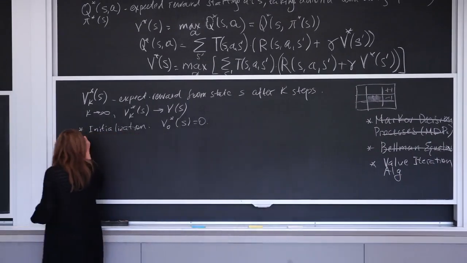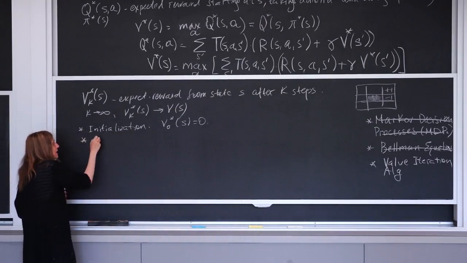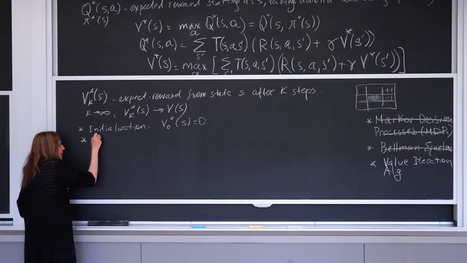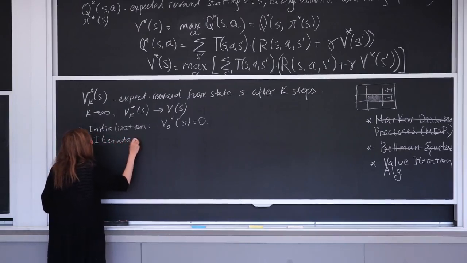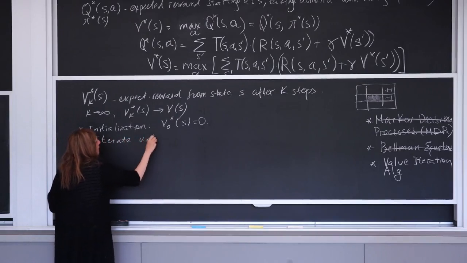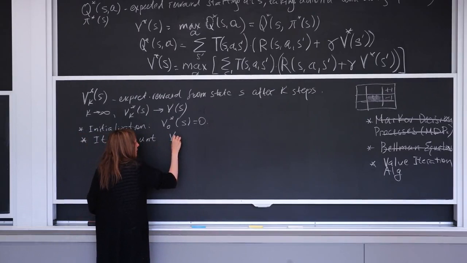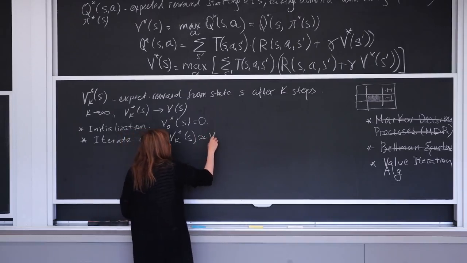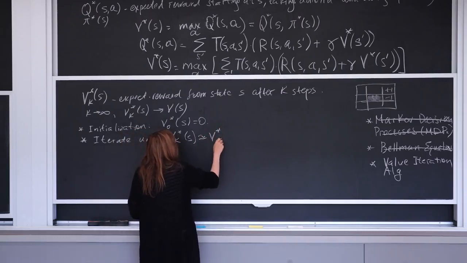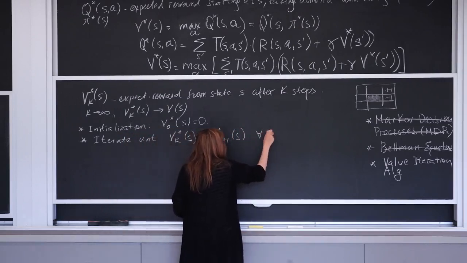So our next step would be to continue to iterate until Vk of s is roughly equal to Vk plus 1 of s for all s.